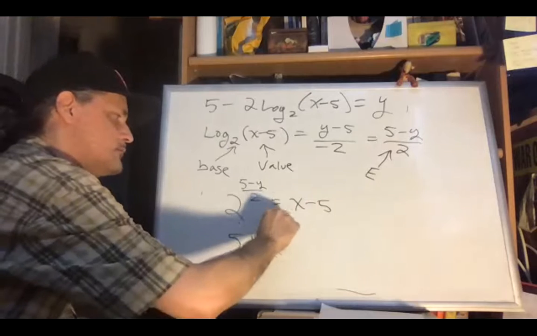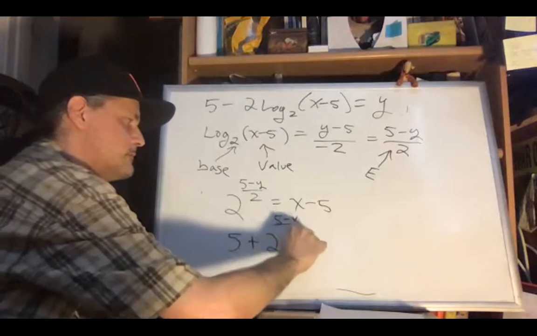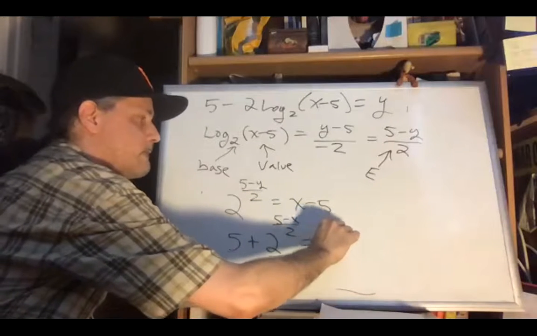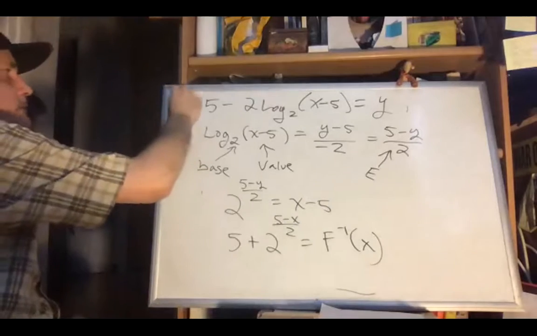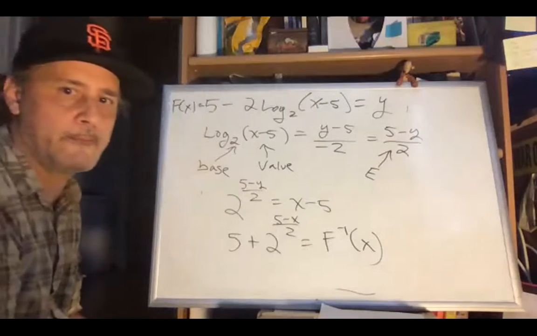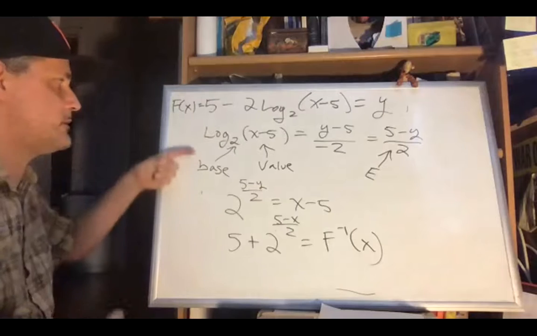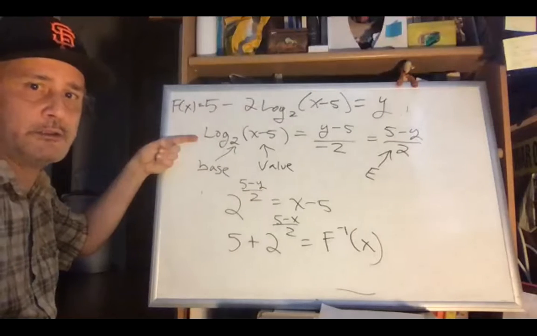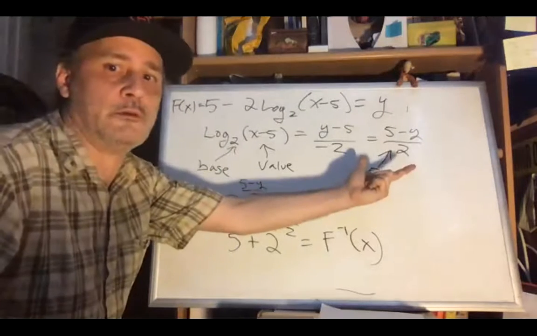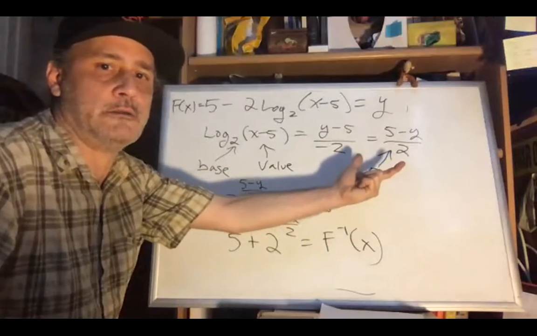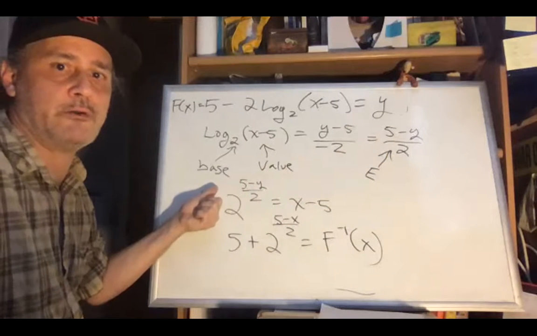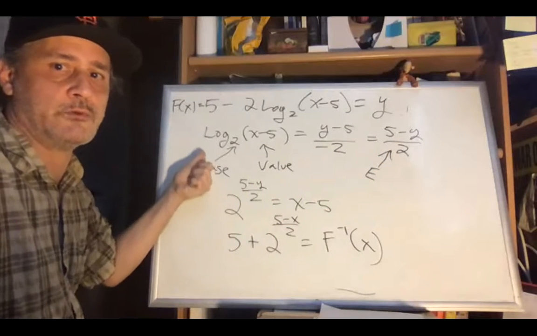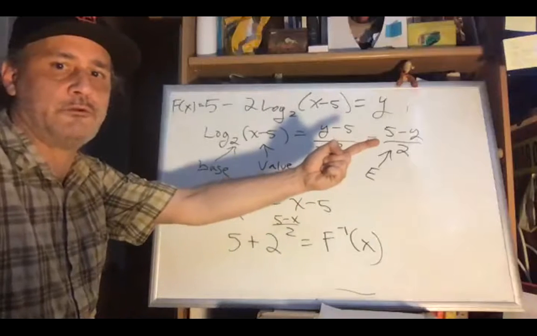Now I'm going to switch it to the function notation. Whereas this would have been the original function. Once you get the logarithmic expression equal to the other side, then you can switch this to the base, exponent, value form. So this log equals the exponent, so that's the expression for the exponent.